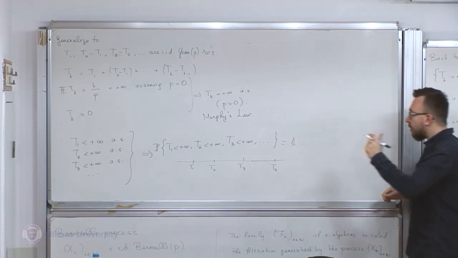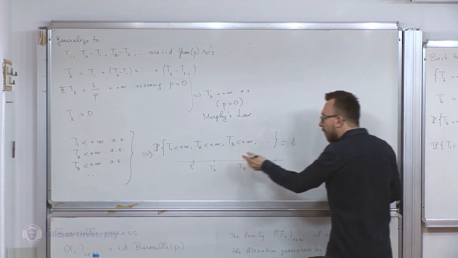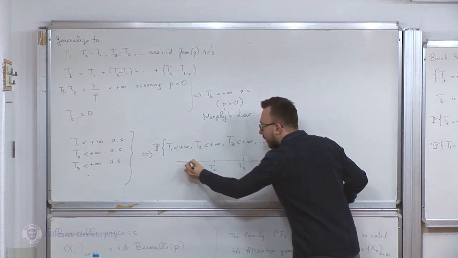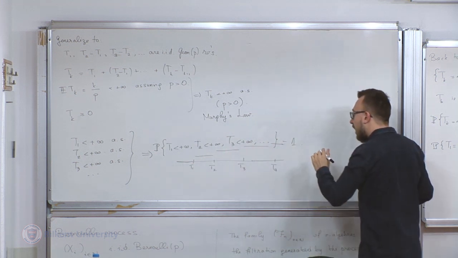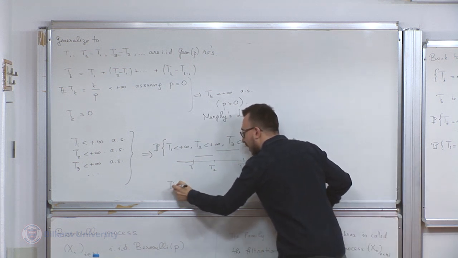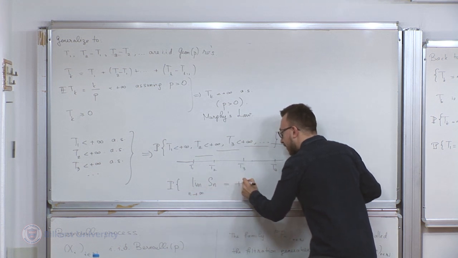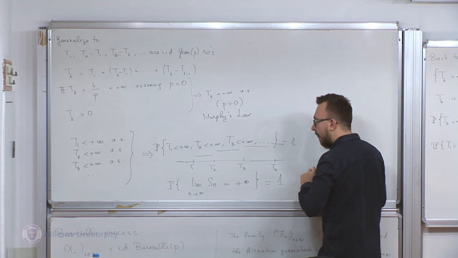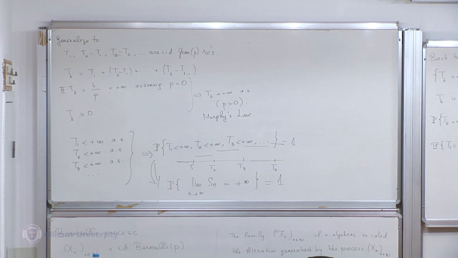So in other words, you're going to see the value of S hitting every possible level, because the number of successes so far was 0. Now it's 1. Now it's 2. Now it's 3. Now it's 4. This means, indeed, that the limit of Sn as n tends to infinity is infinity with probability 1. So this implies also that the limit of the success process is just plus infinity. In other words, this process explodes, the success process explodes almost surely.